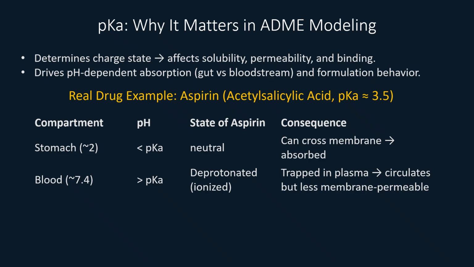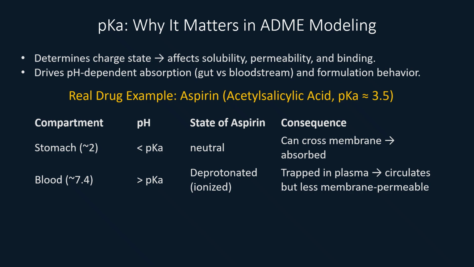Under these conditions, aspirin remains largely protonated and therefore neutral. And neutral species are more membrane permeable, which allows aspirin to cross the gastric epithelium.